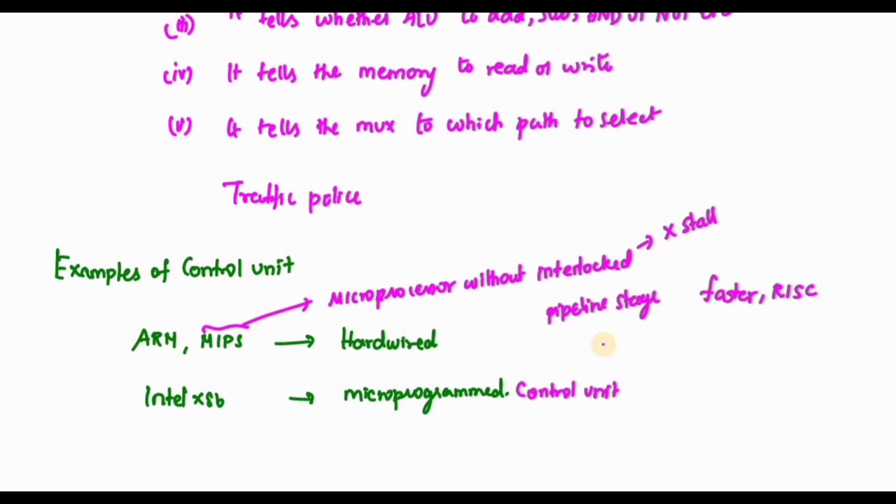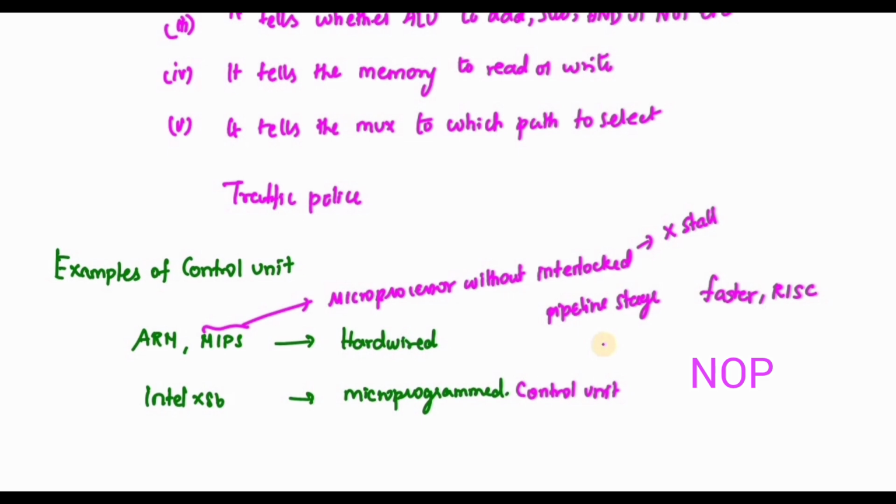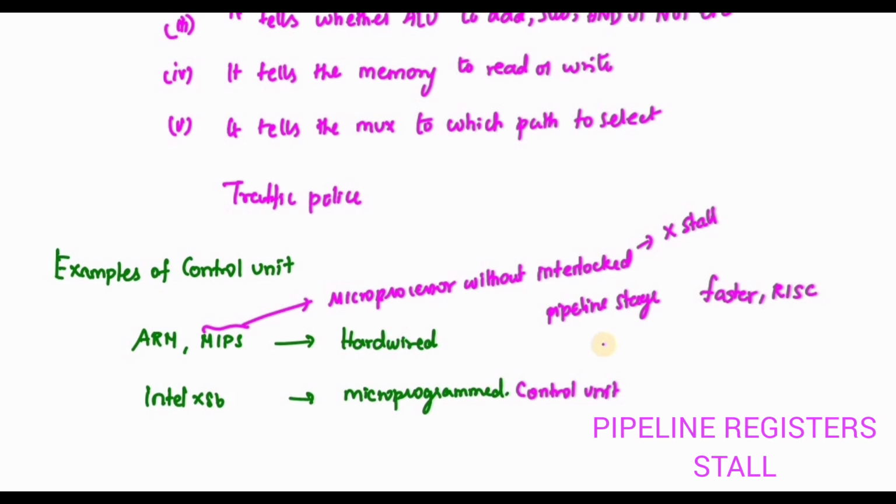Whereas the interlocked pipeline stages use a hardware mechanism that will automatically pause the pipeline whenever a later instruction depends on the result of an earlier one. So in the interlocked pipeline stages, we insert a stall. That is the major difference between interlocked and without interlocked pipeline stages.